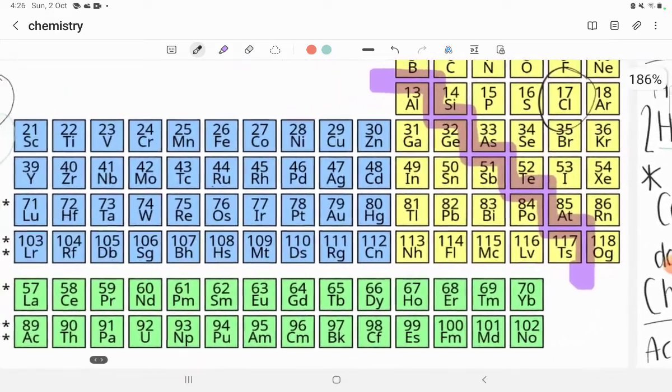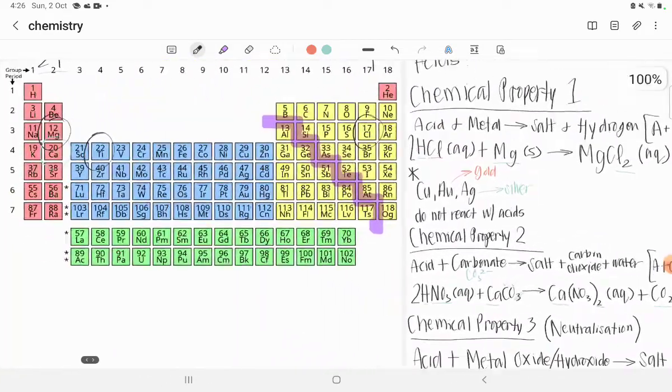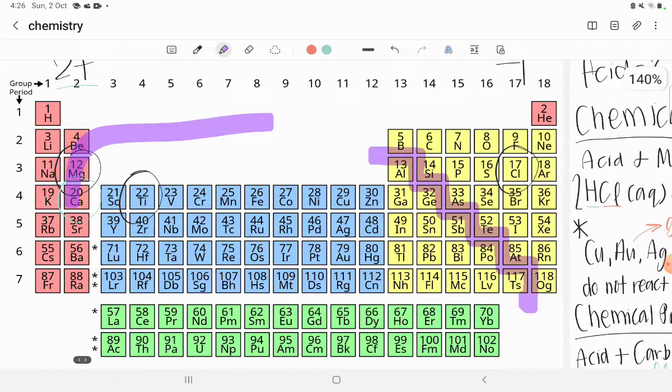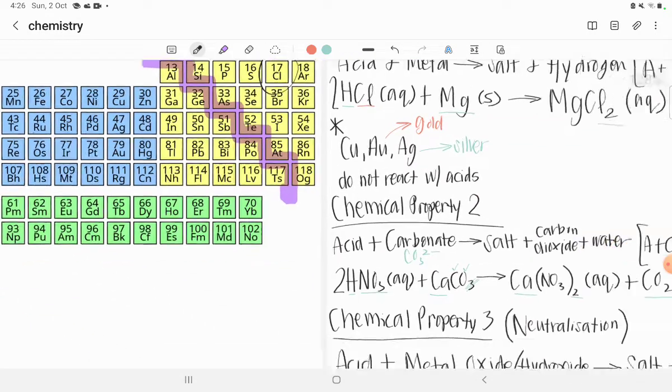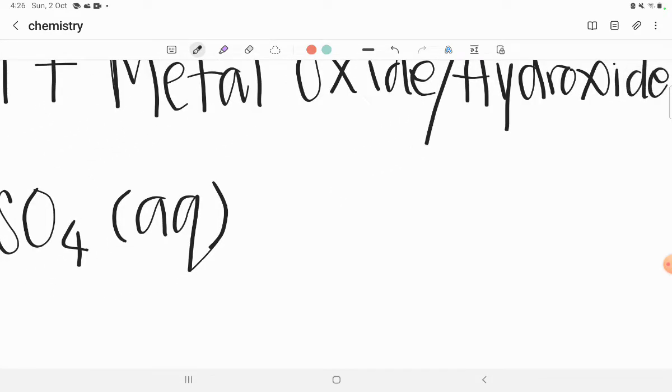Oh wait, tin is here, Sn for tin, and it's in this group of metals, right? So this group of metals will be called transition elements. So in transition elements, other than silver and zinc, they will give us the charge of the metal. So tin(II) means tin has a charge of 2 plus.